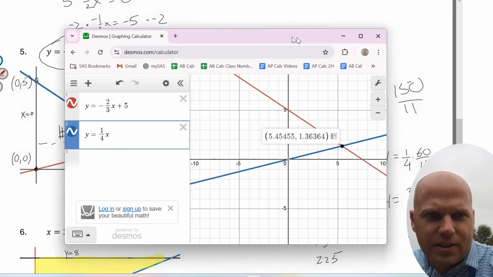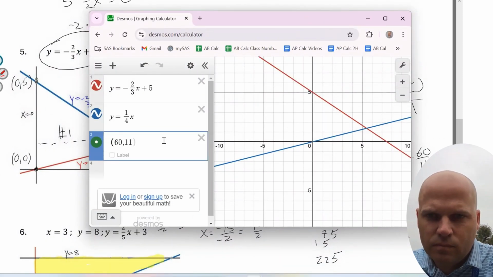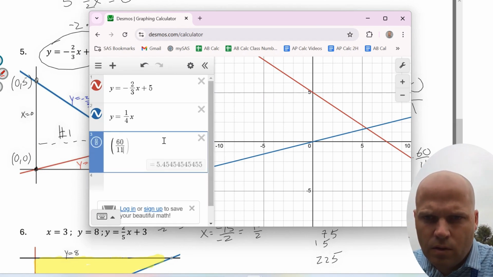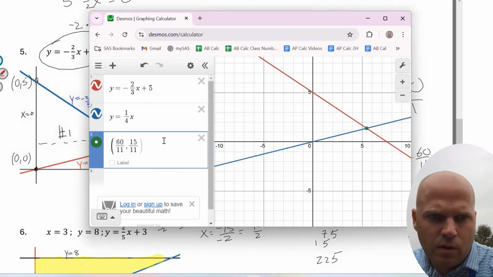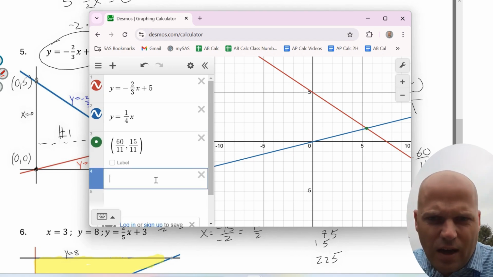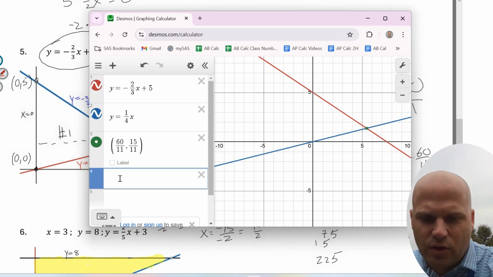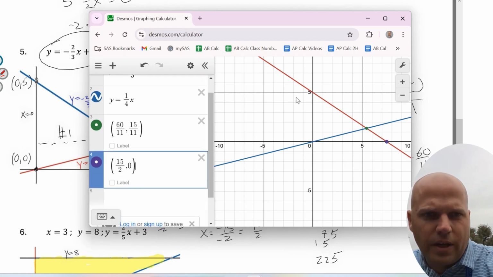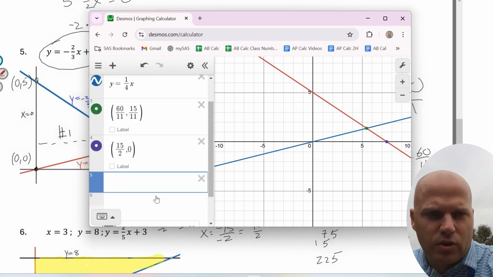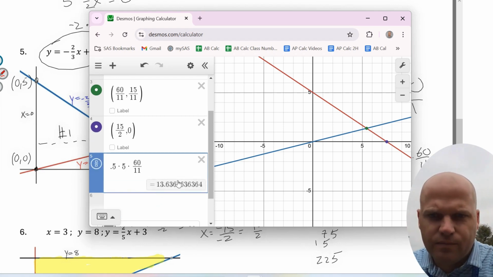All right. That's a crazy point, but I think that point is 60/11ths, 15/11ths. And look at that, found that. We had this point here, 7.5. We got that. It's your 15/2, 0. Cool, we got that. We have this point right here. And if you want to do the work, it's like 1/2 base times the height, which is the x coordinate.